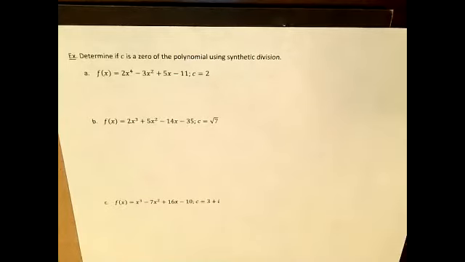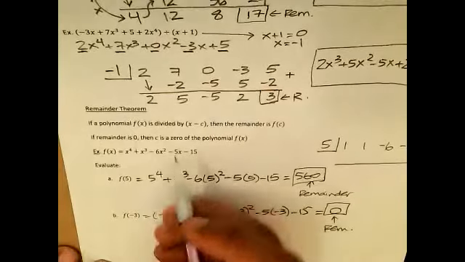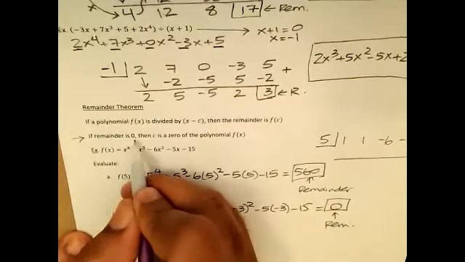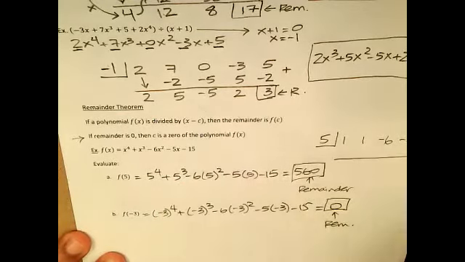Okay? And actually, it was mentioned right here in the notes for the remainder theorem. So if you get a remainder of 0, then this number c is a 0 of the polynomial.